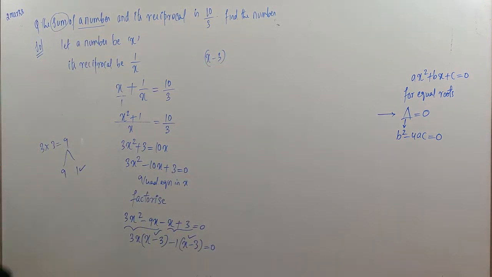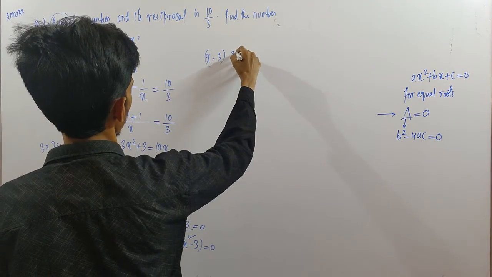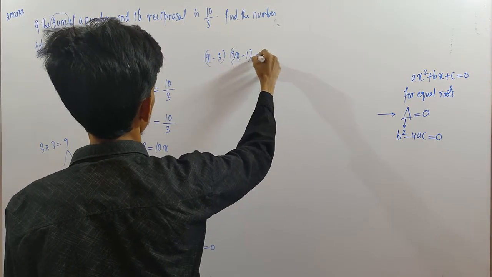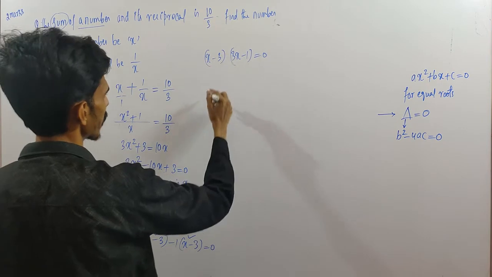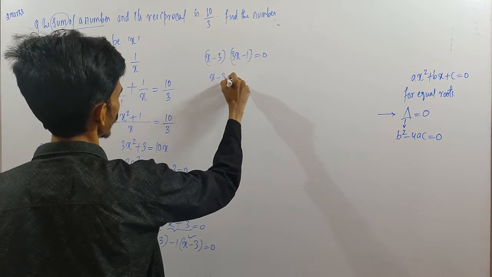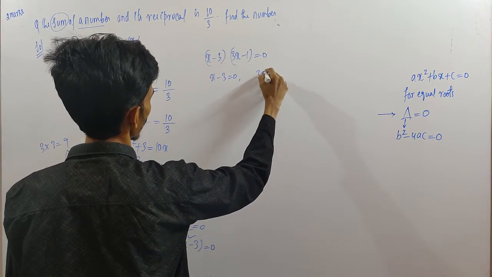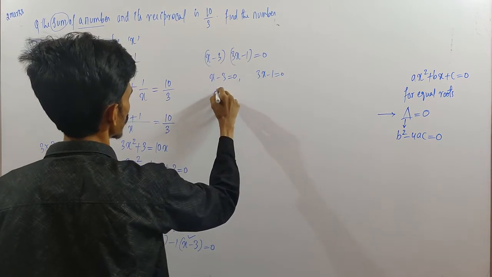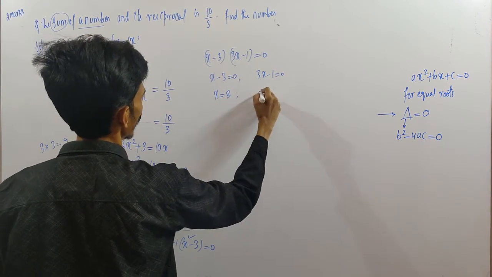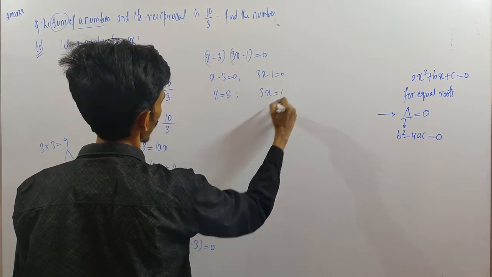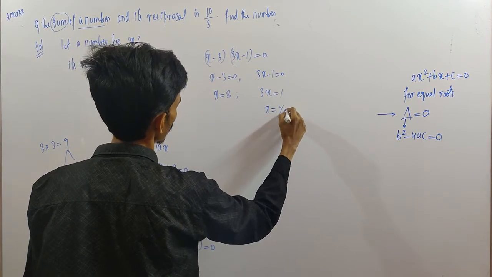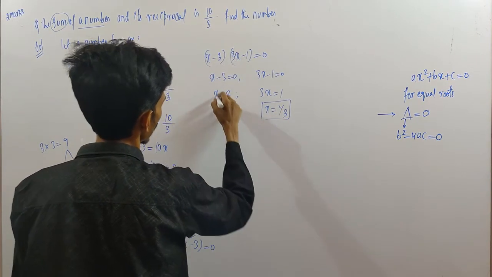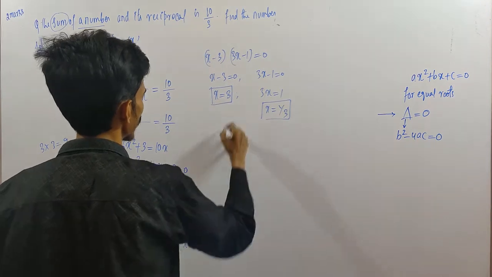Now we are left with 3x minus 1 equal to 0. Equate the factors to 0. x minus 3 equal to 0 or 3x minus 1 equal to 0. So x is equal to 3 and 3x is equal to 1. x is equal to 1 by 3. These are the numbers.